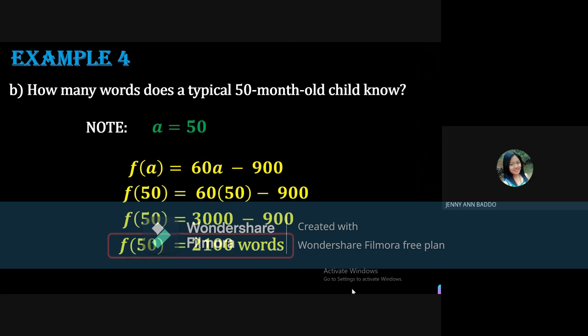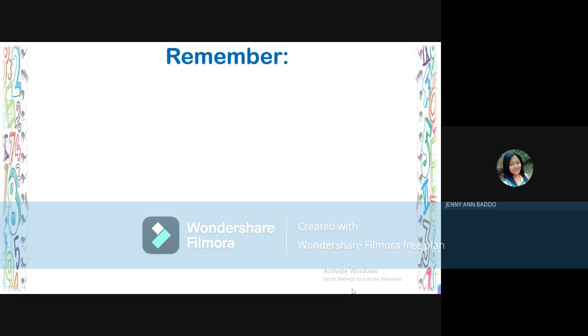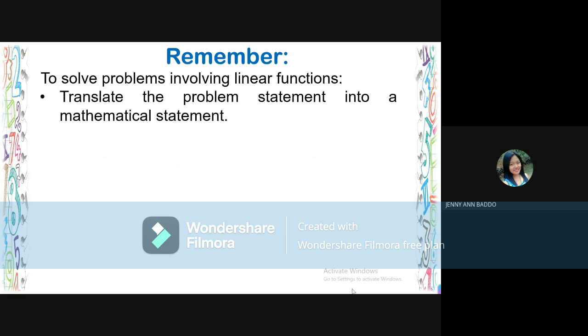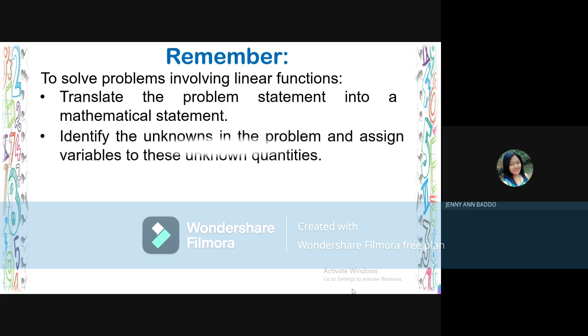That's all for our discussion on the application of linear functions in real-life situations. But before we end this video, always remember that to solve problems involving linear functions, you can follow these steps. First, translate the problem statement into a mathematical statement. Second, identify the unknowns in the problem and assign variables to represent unknown quantities.